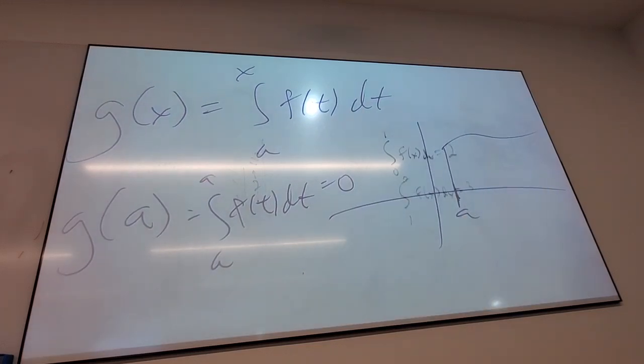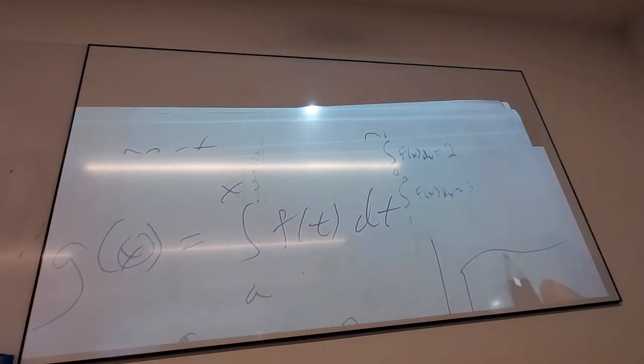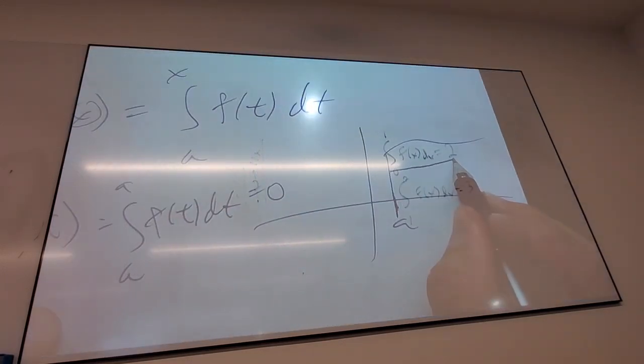Of course it's 0. There's no width then. How could I possibly have an area if there's no width? Are you guys with me? That's one little thing to notice about this function: if I plug that value in, I'm always going to get 0 because I'm not going anywhere. I'm not picking up any area. So one way to look at this function is, as x increases, I'm just picking up area as I move along, yes? Okay, I like it.